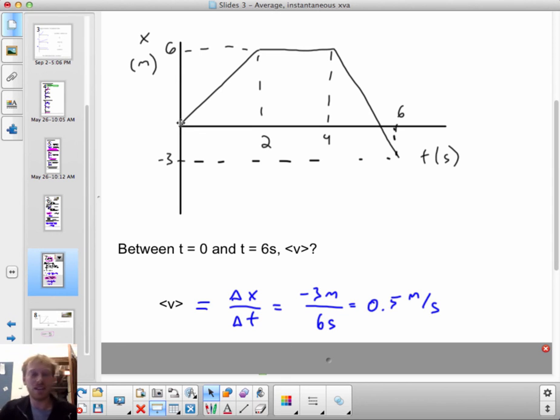But here, there is an initial position of 0 and a final position of minus 3 meters. So delta x is minus 3 meters, and that occurred over an elapsed time of 6 seconds. So 0.5 meters per second, that is the average. Oh no, there should be a negative sign there. I'm sorry. Negative 0.5 meters per second, that is the average velocity here.